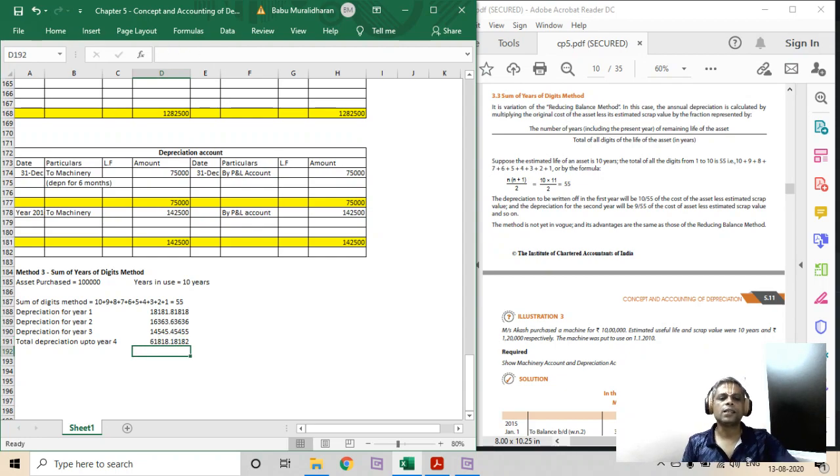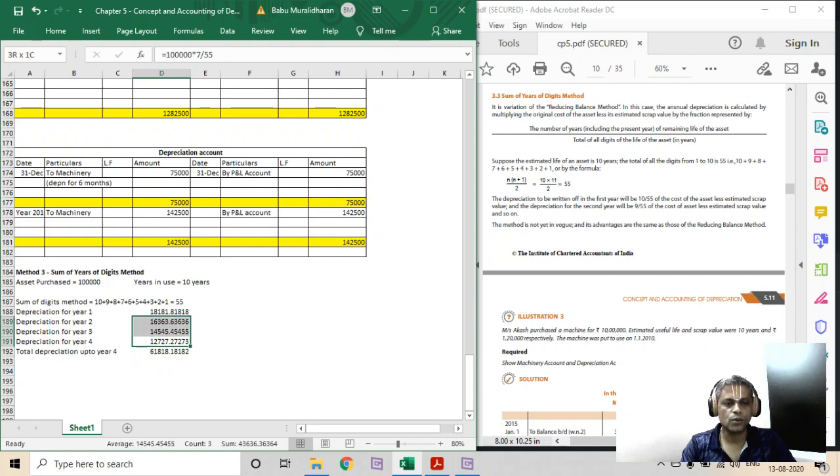So total depreciation up to year 4 will be 61,818, right? So let's put it here. Depreciation for year 4 alone will be equal to 1 lakh into 7 by 55.